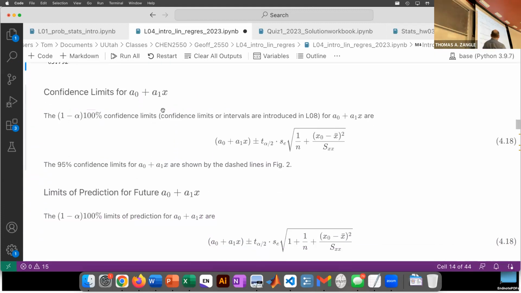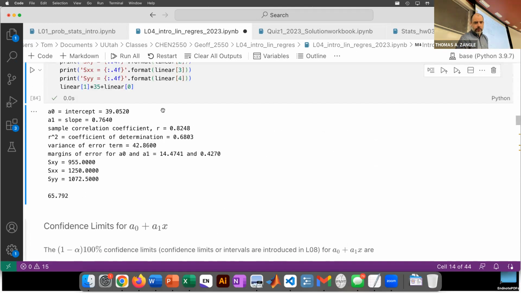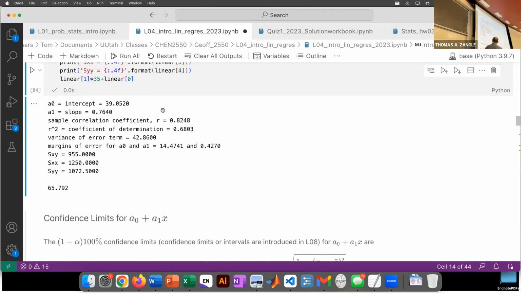But we can go a little bit further than that. We can use what we know how to compute now for our linear regression to place confidence intervals on our resulting calculation. So we computed that we expect 65.8% extraction efficiency at 35 minutes based on a linear fit to all of our data.